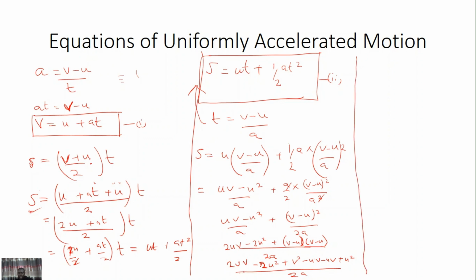Now, let's evaluate this. The 2uv minus uv minus uv will cancel out. So what we'll be having left is v squared.